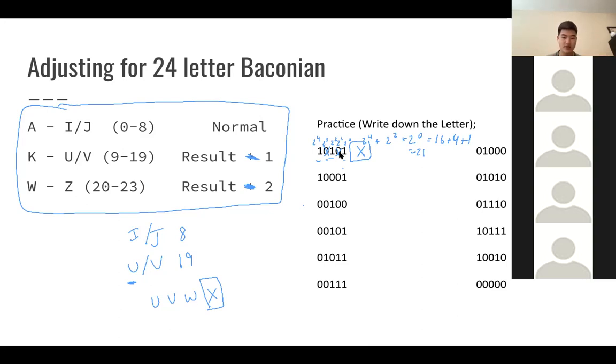It's just 0 through 7, A through H, like normal. But once you hit I and J being the same 8, everything after that is shifted -1, to the left 1. And once you hit UV equals 19, everything after that is shifted -2. Yeah, it's a little bit hard.